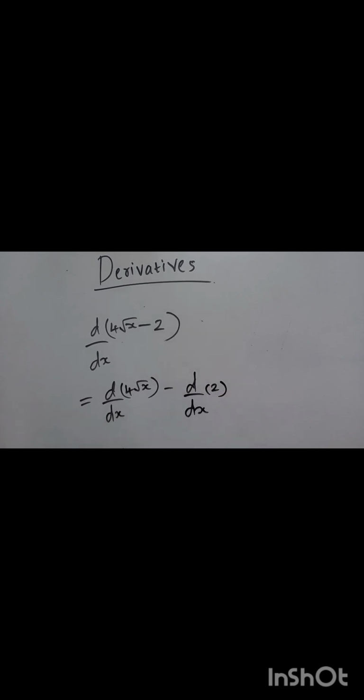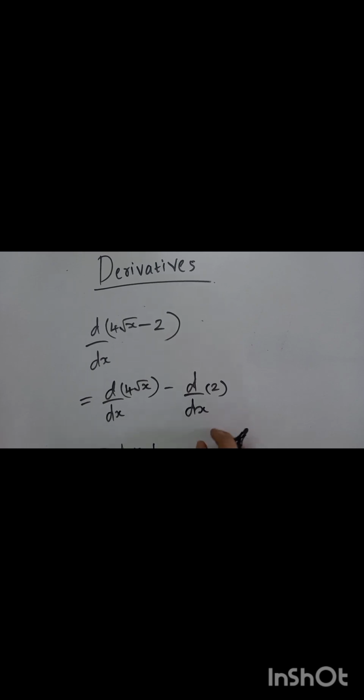Now here 4 square root of x is of the form a constant multiplied by a function. So the constant you can keep outside: 4 multiplied by the derivative of square root of x. What is the derivative of square root of x? Already we studied, it is 1 by 2 square root of x.